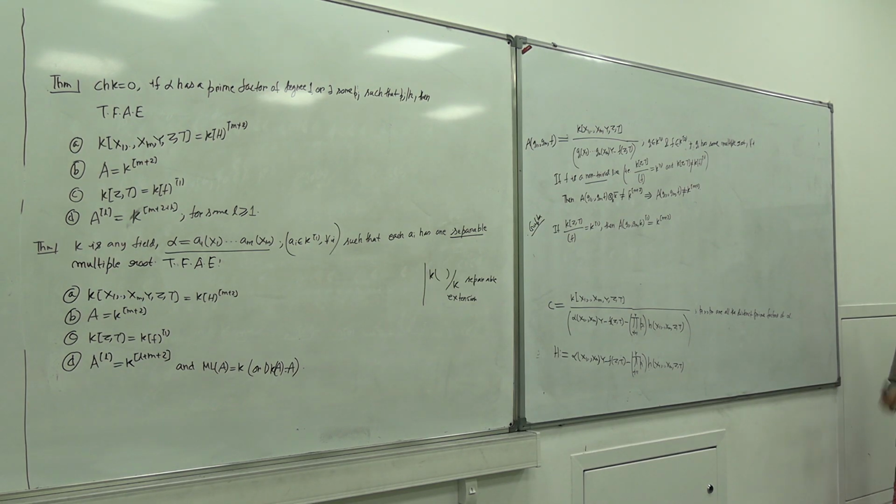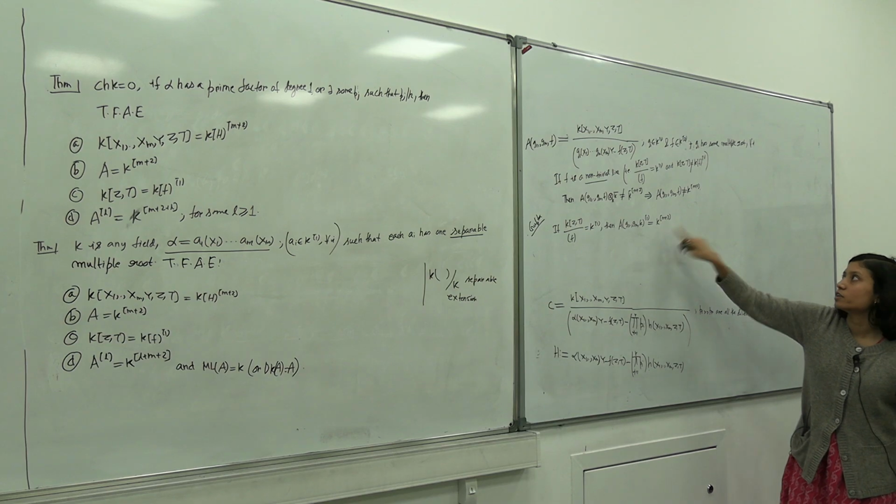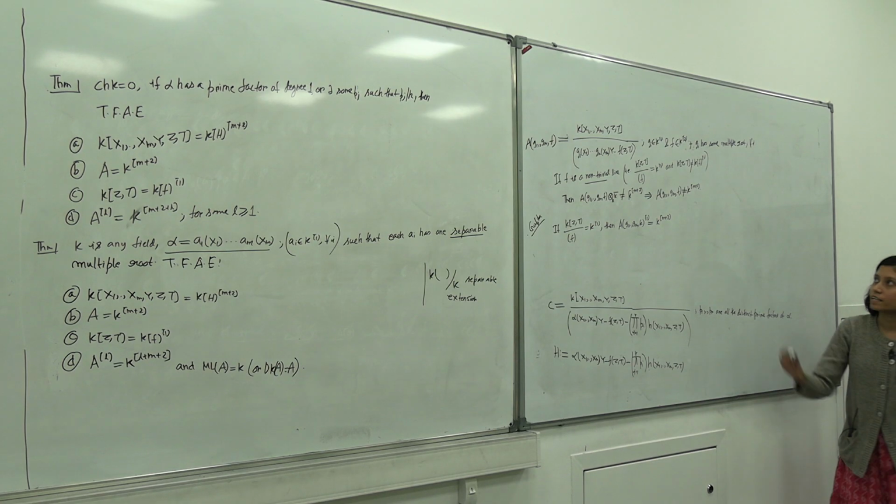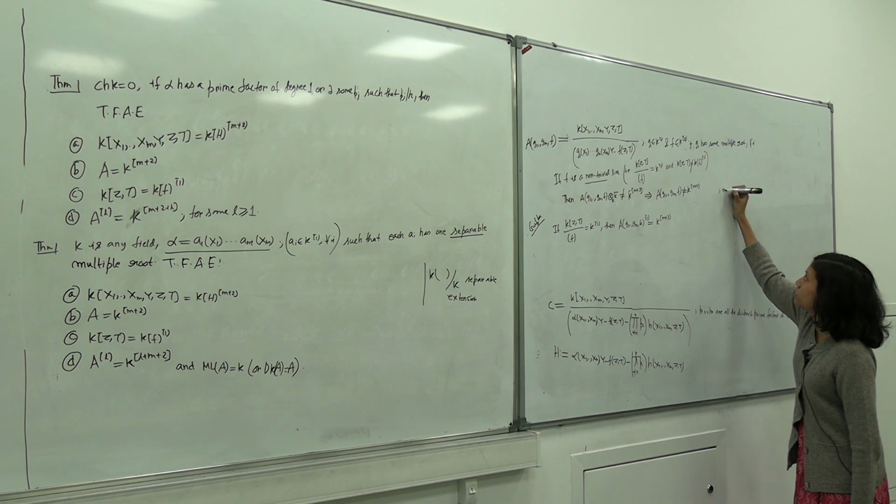Okay, so these two theorems say that this is a counterexample to the Zariski cancellation problem, but here m has to be greater than or equal to 1.